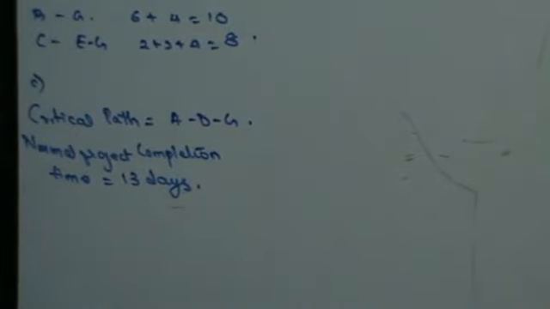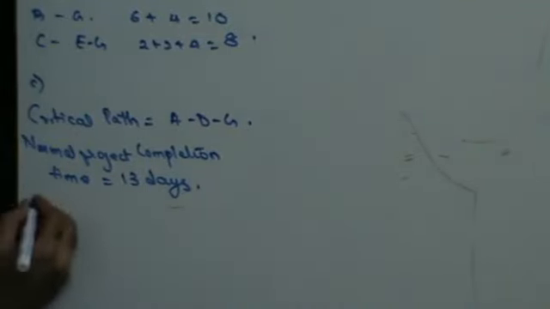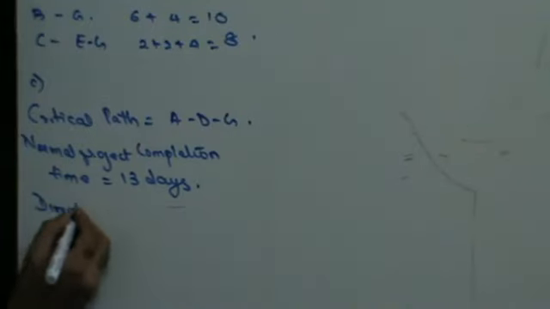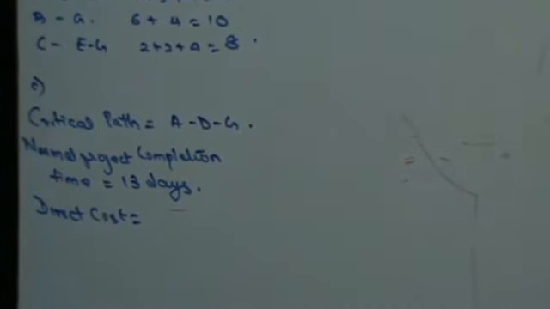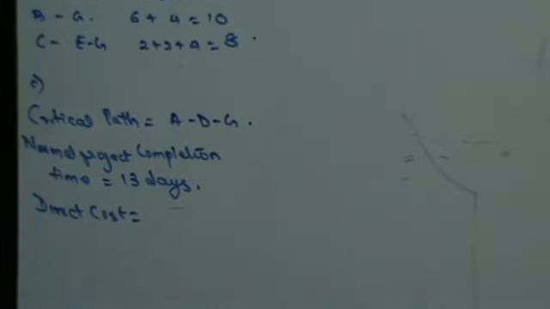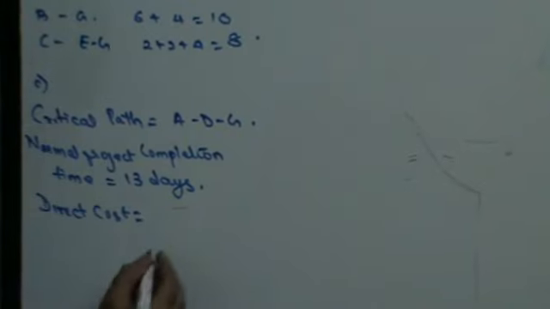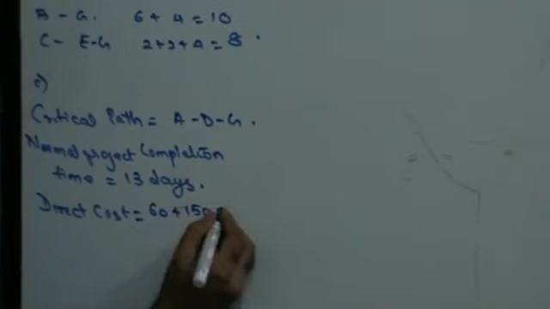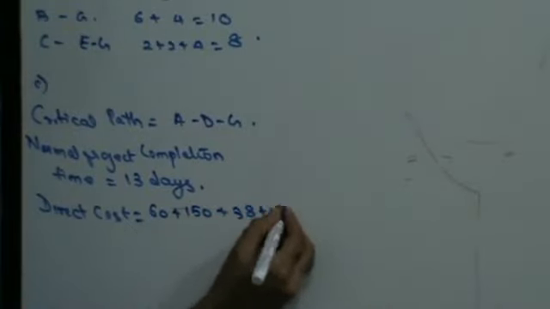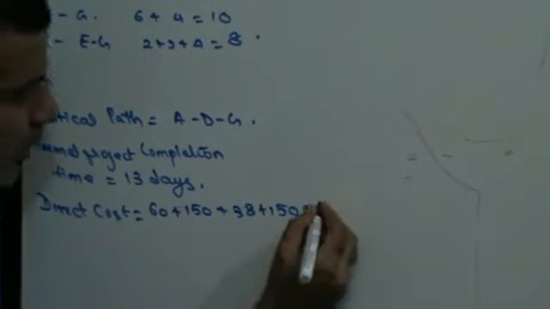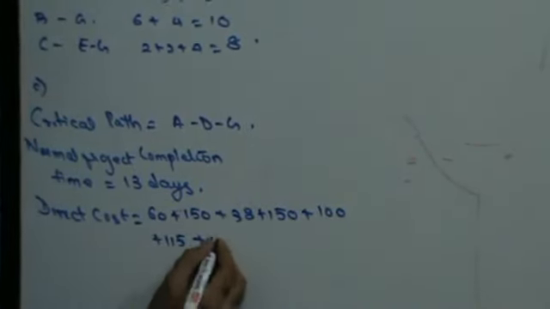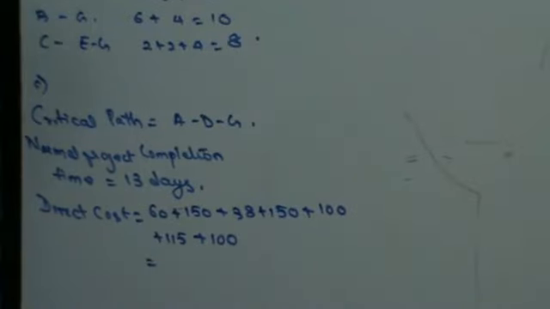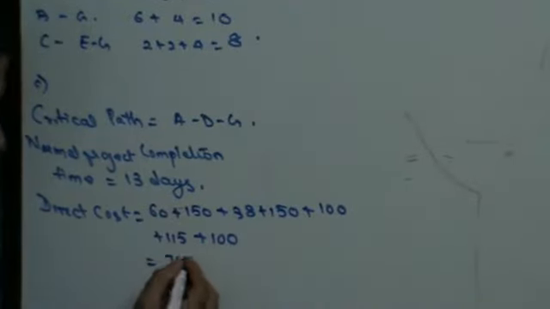Now, my normal cost is made up of direct cost. How do I get direct cost? Direct cost is nothing but the sum of all the normal cost. So 60 plus 150 plus 38 plus 150 plus 100 plus 115 plus 100, right? When you add all of this, you will get 713.